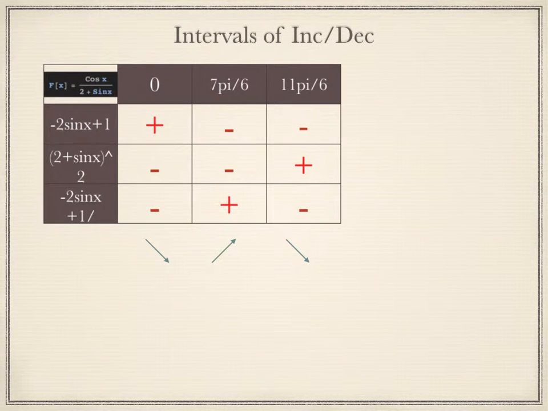So we need a sign chart. As you can see, here's our sign chart. We find where our graph is decreasing and where it's increasing. We have the points 7 pi over 6 and 11 pi over 6, and we plug in points for the numerator and denominator of our derivative function, and then you have the whole thing.